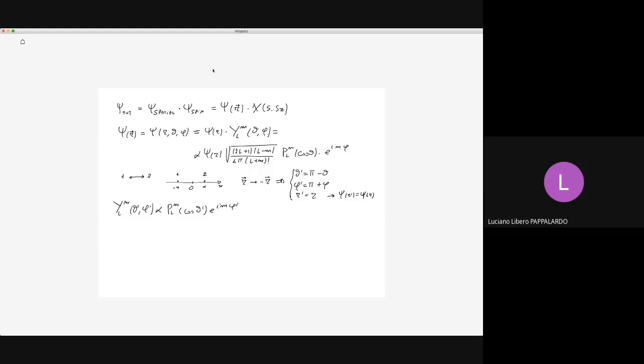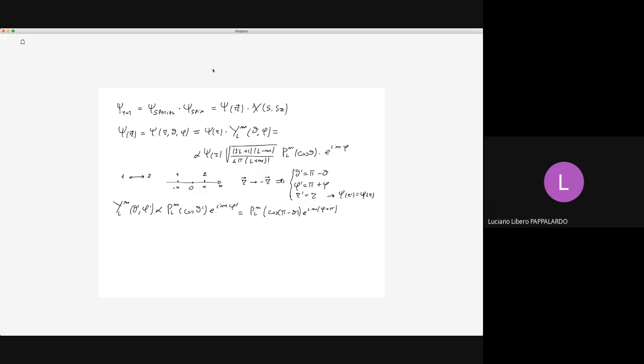Now, let's substitute here. So this is P_L^m of cosine of pi minus theta times e to the i m (phi plus pi). We are just substituting the coordinate transformations.